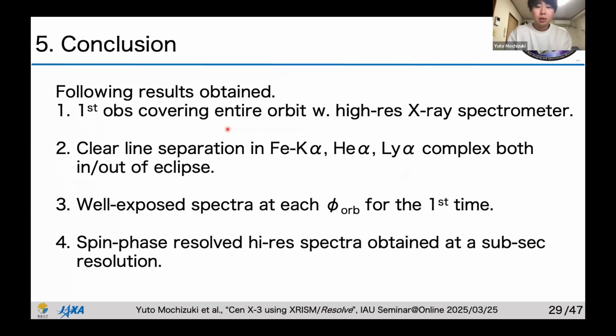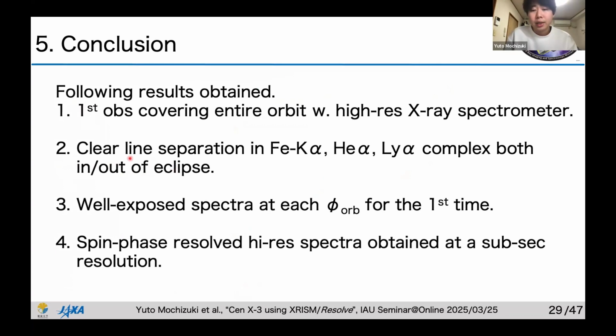Okay, conclusion. This is the conclusion and the key result in my talk. We observed the entire orbit with a high resolution X-ray spectrometer for the first time. And we can see clear line separation.